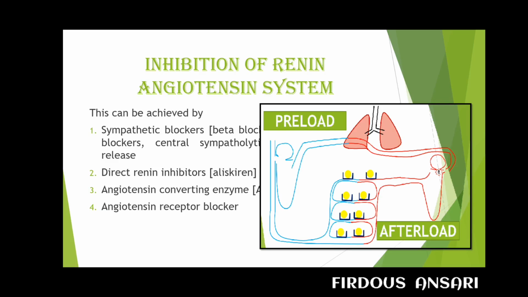When we block the angiotensin receptor on the arteries, there won't be any arteriolar constriction. When we block the angiotensin receptor on the veins, there won't be any venoconstriction. Therefore, there will be reduced preload, reduced afterload. Therefore, it can be used for the treatment of congestive heart failure as well as for the treatment of hypertension.